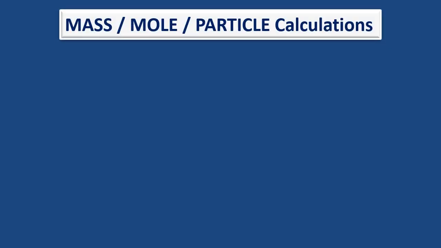Students, at the end we need to have mathematical formulas to be used in mass, mole and particle calculations. I'm going to derive these formulae with the help of an example. Molecular mass of water is 18 AMU, but its molar mass is 18 gram.